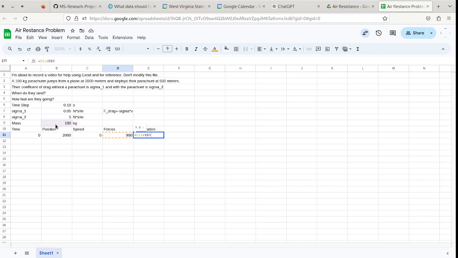The dollar sign says when I drag this cell down, I always refer back to row 9 instead of incrementing it, because you can't divide by position, and the next value under position, 2000, is not going to be useful information because it's position and not mass. So punch that there. Forgot to mention that that's down at minus 9.8. There we go. So there's the minus sign.